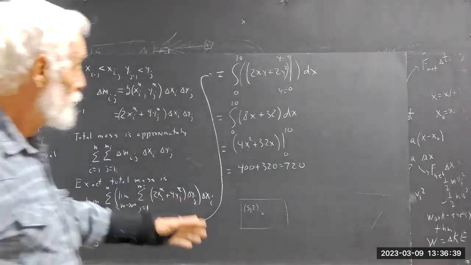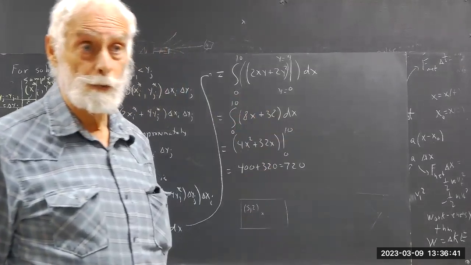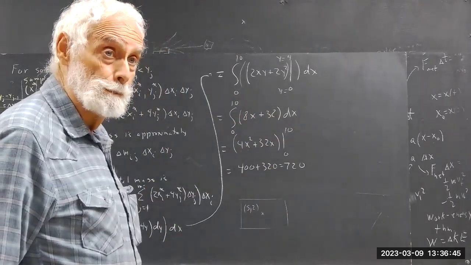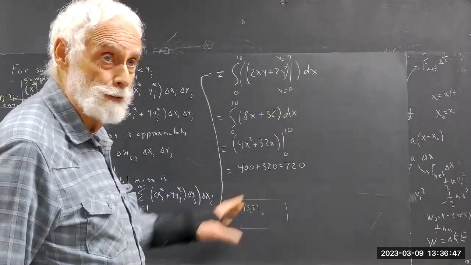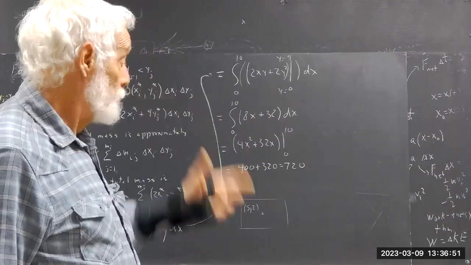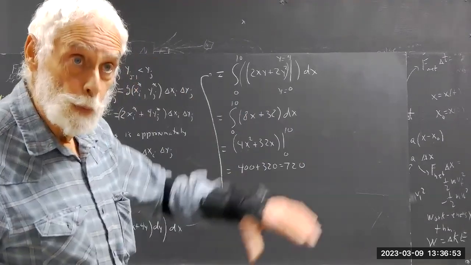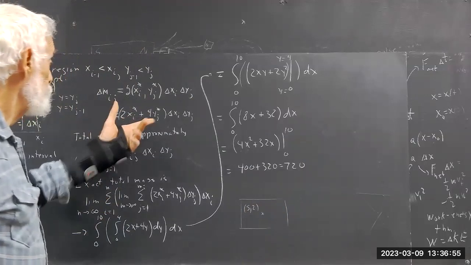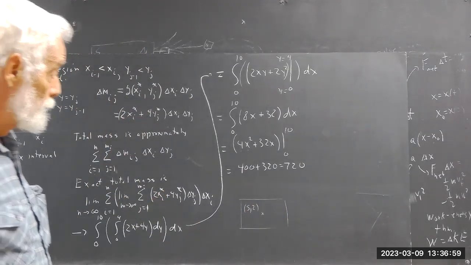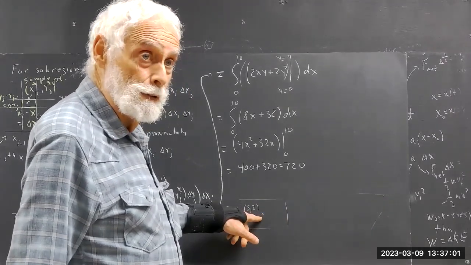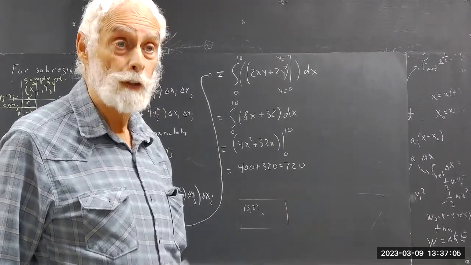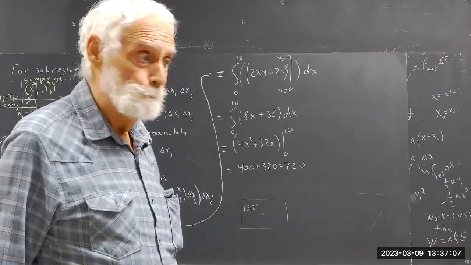That works because the function is linear in both x and y. So I kind of confirmed my integral. Now, if it wasn't linear, like x squared plus 4y, that would change things, and your density in the middle wouldn't give you an accurate result, although it might not be too far off.